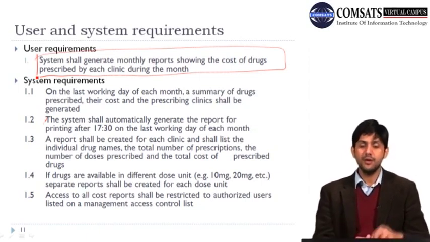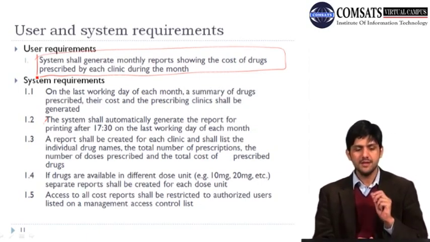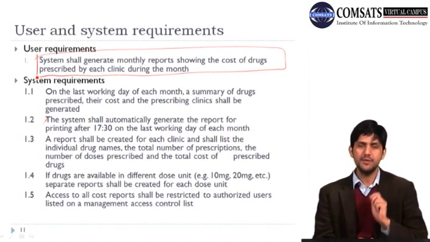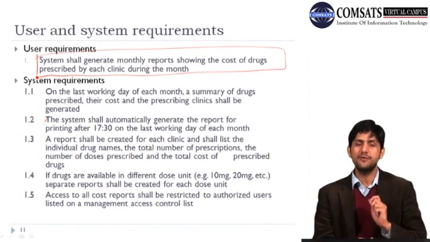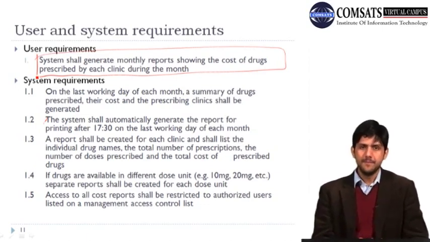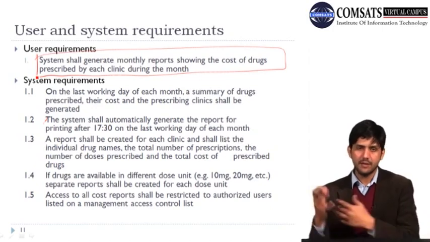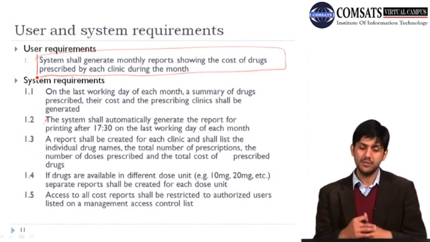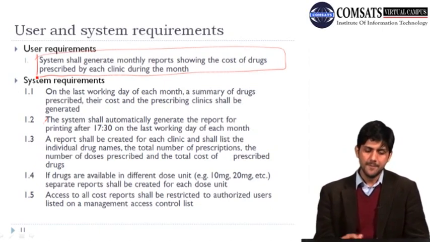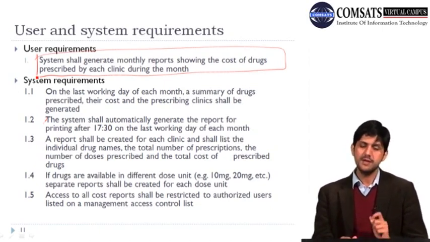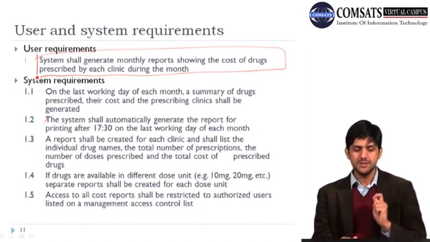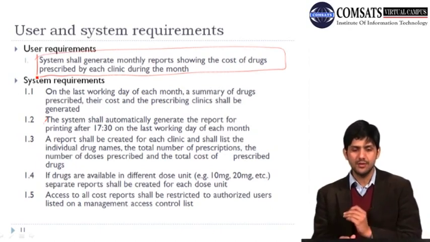A report shall be created for each clinic and shall list the individual drug names, the total number of prescriptions, the number of doses prescribed, and the total cost of prescribed drugs. If the drugs are available in different dose units, for example 10 milligram, 20 milligram, etc., separate reports shall be created for each dose unit. Access to all cost reports shall be restricted to authorized users listed on a management access control list.